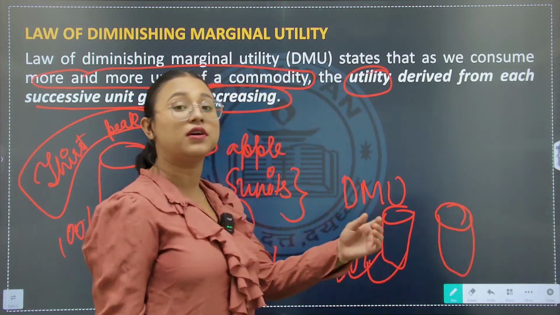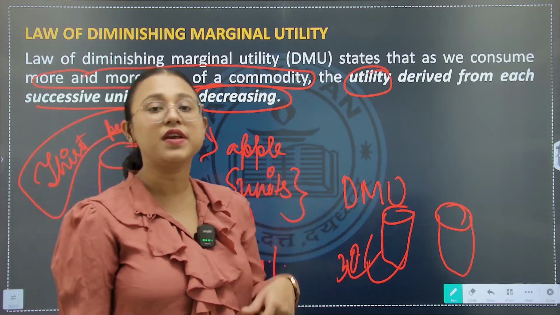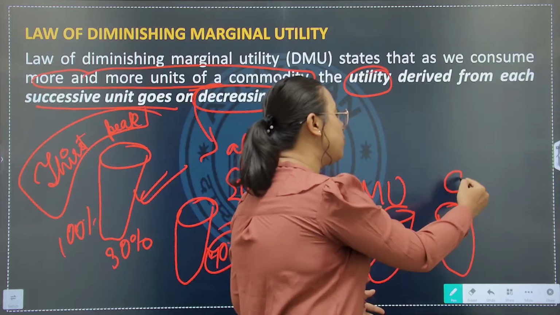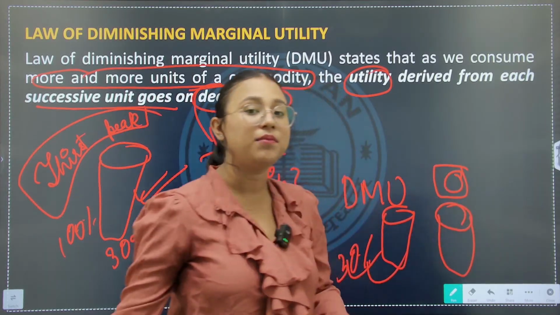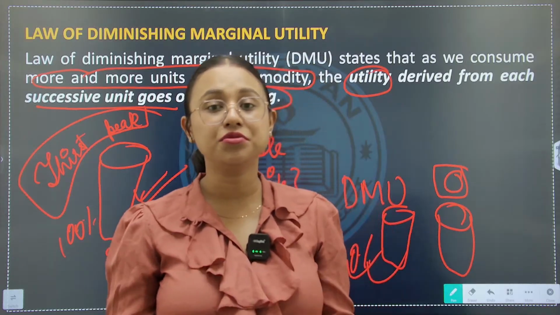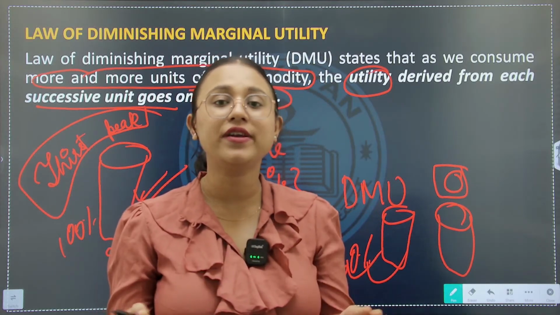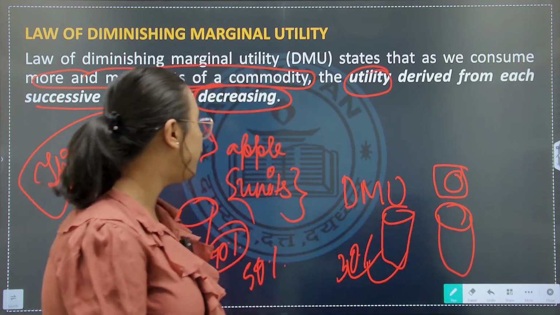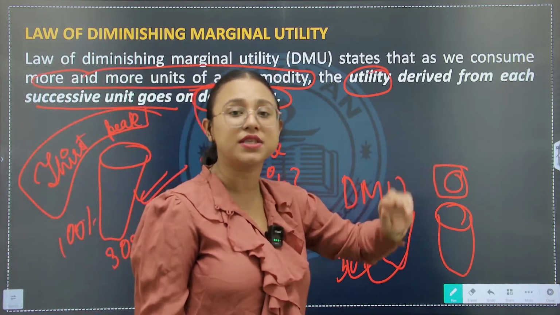Now you are not thirsty at all but you drink a glass of water. From this you will receive almost zero satisfaction, because your thirst is no longer there; whatever level of thirst you had has already been satisfied. So when you drink the fourth glass of water you will get zero satisfaction.